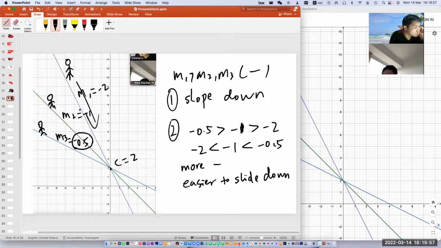You see, this one is very slow. This one is also even slower. So more negative is more steep downward.